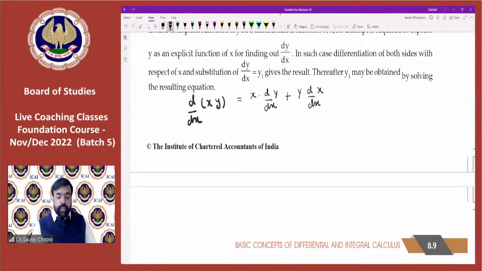So for x it will be x times dy by dx, plus y as it is, and derivative of x with respect to x will be 1. So this is the derivative of xy.